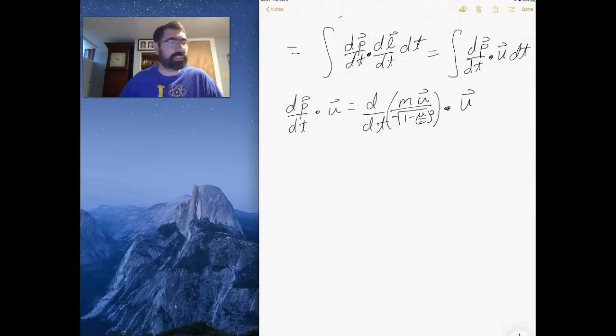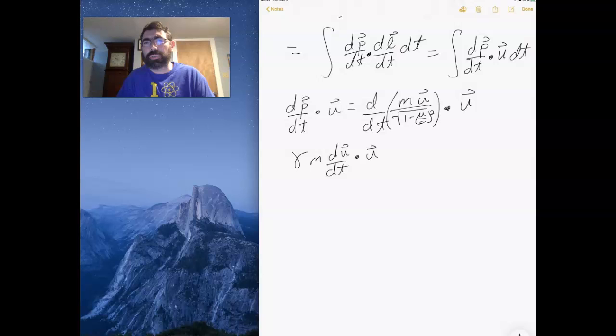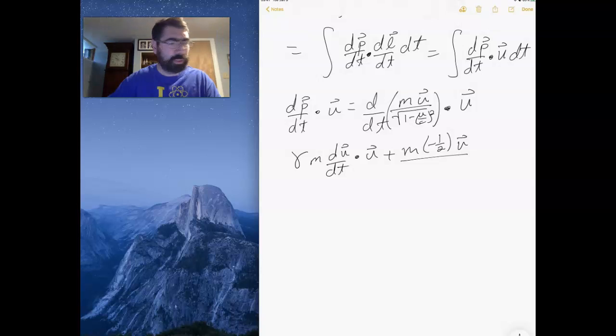So I'm treating the velocities relativistically. What this becomes, if you work out the chain rule, is gamma m du/dt dotted into u, so that's the first part of the chain rule. Now we have to take the derivative of the denominator, and so what we get is m times minus 1/2 u over 1 minus (u/c) quantity squared to the 3/2 power, dotted into u.